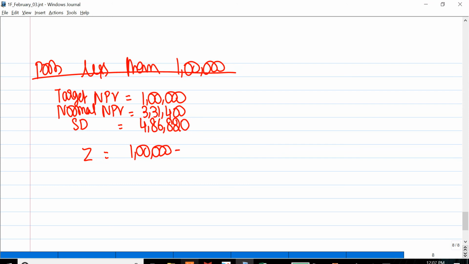Target minus normal by standard deviation.